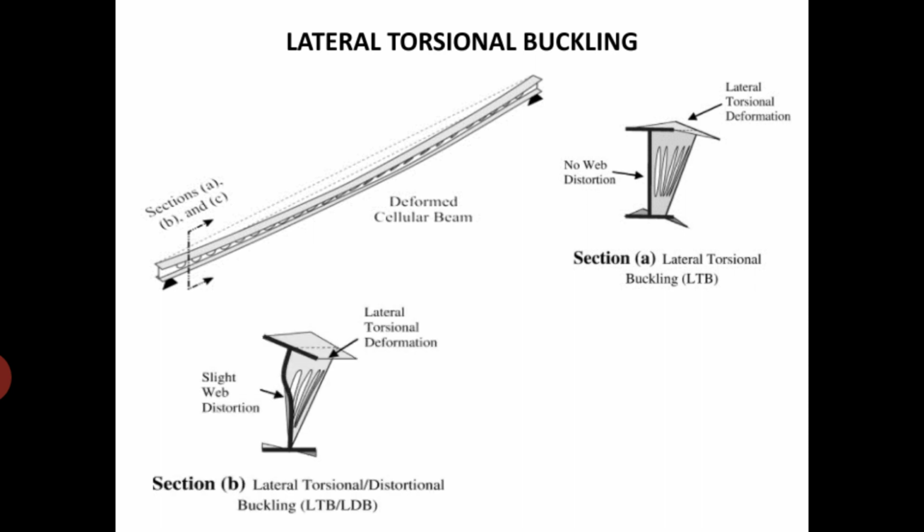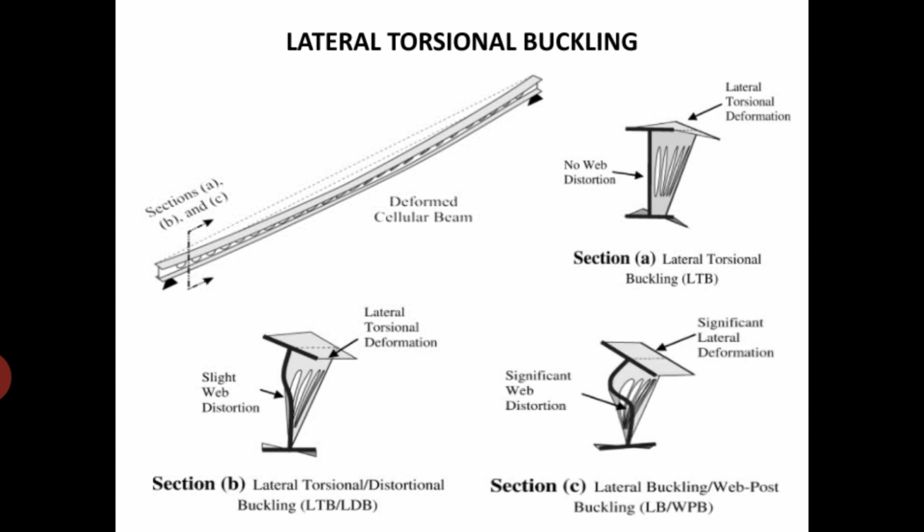Slight web distortion is also seen, and this also shows lateral torsional buckling only. In the web post buckled case, significant web distortion and significant lateral deformation of the flange have taken place. This type of failure we call lateral torsional buckling.